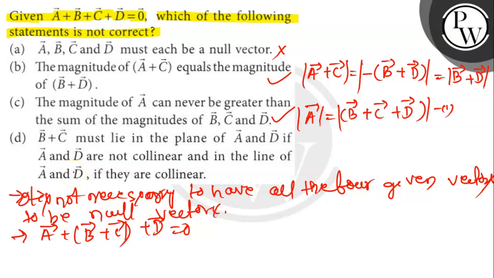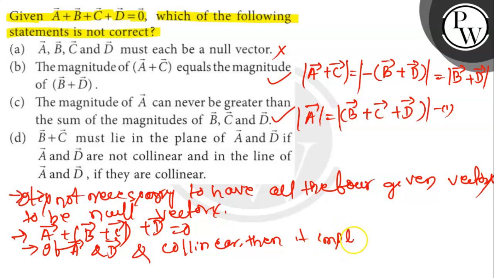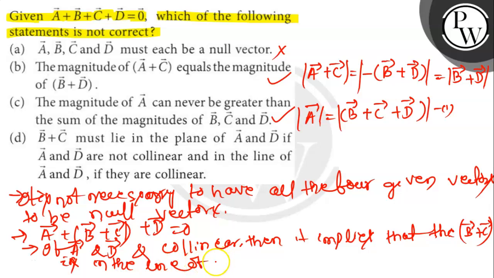Okay, let's write it down. If a vector and d vector are collinear, then it implies that the vector b plus c vector is in the line of a vector and d vector.